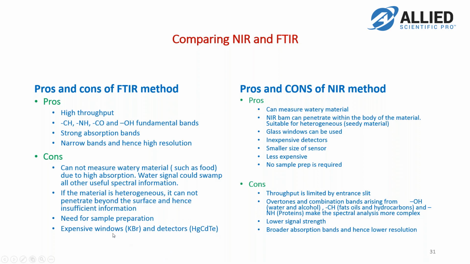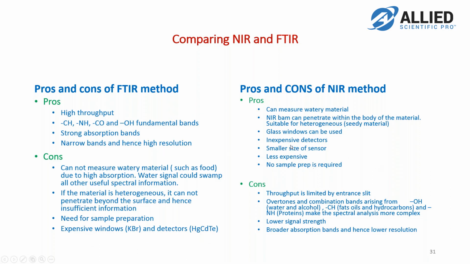It also needs sample preparation. Normally, samples are mixed with liquid paraffin, or ground with potassium bromide to get better uniformity. But the near IR method does not require sample preparation. The hardware is also more expensive. The detectors and the windows are very specialized in mid IR.